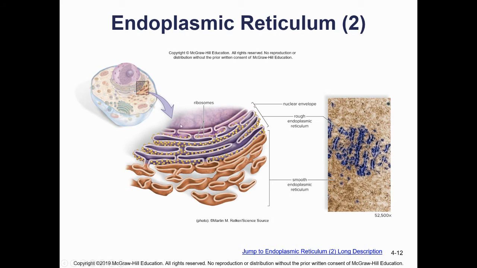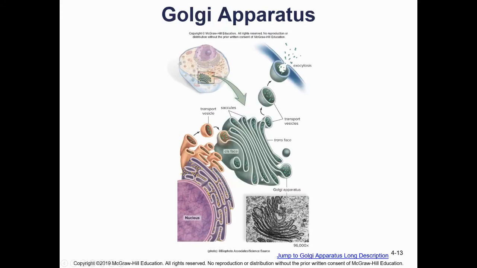So here we have my endoplasmic reticulum, and typically this is how we find it, adjacent to the nuclear envelope, an extension of it, with the rough ER closer to the nucleus and the smooth ER further out from there.